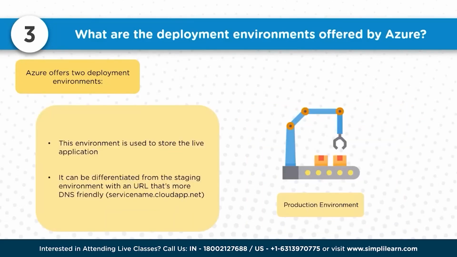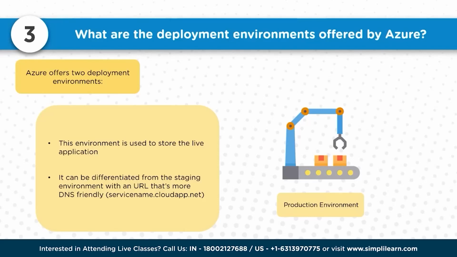And for production environment, this is the live production environment that's serving customers' requests, that's serving the customer content. Now, it can be slightly different from the staging environment in that the URL used to identify the production environment is more often a DNS friendly name, like the name of the actual service.cloudapp.net.